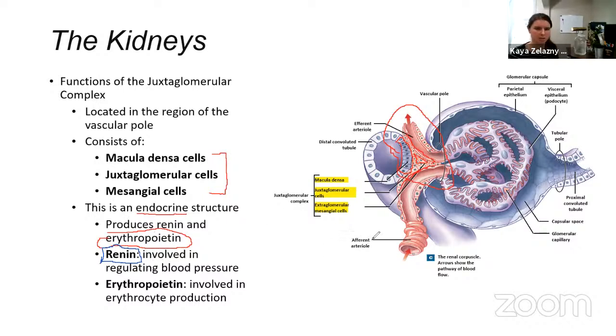Renin is involved with regulating blood pressure, which is one of the really important roles of the kidneys. So we'll see that the kidney is involved in blood pressure regulation, both based on how much liquid it's flowing out, but also due to this endocrine function.